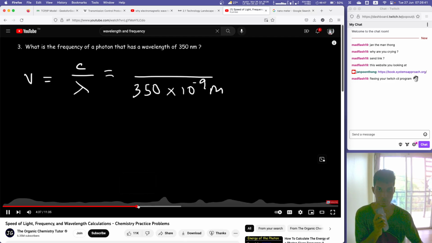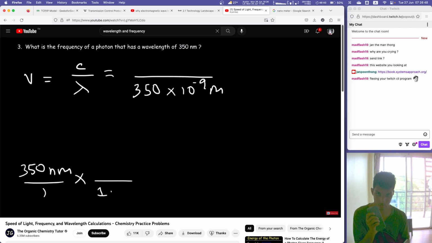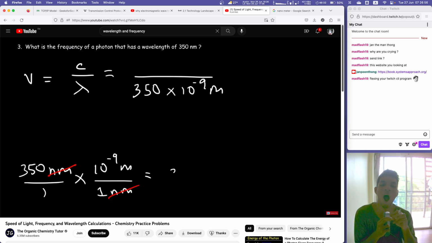It turns out that if you want to write it out, here's what you can do. Start with what you're given, and know that 1 nanometer is equivalent to 10 to the minus 9 meters. So these units will cancel, and all you have is 350 times 10 to the minus 9. So you just got to replace this with 10 to the minus 9.